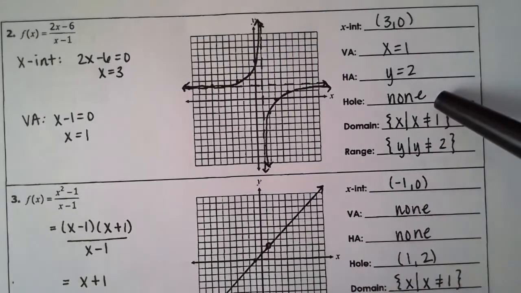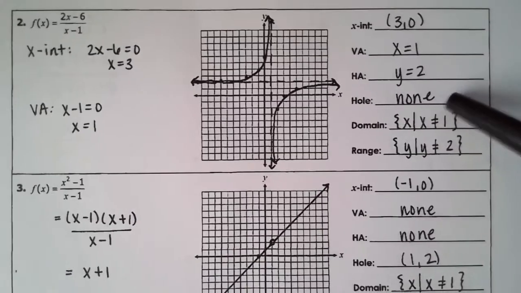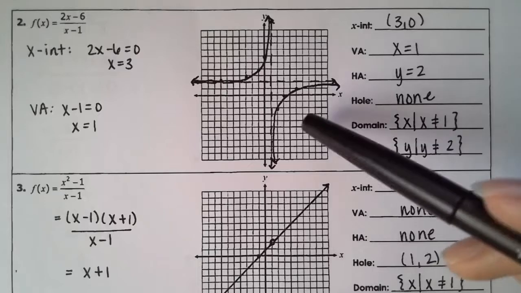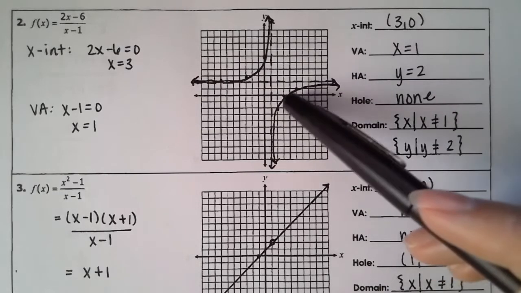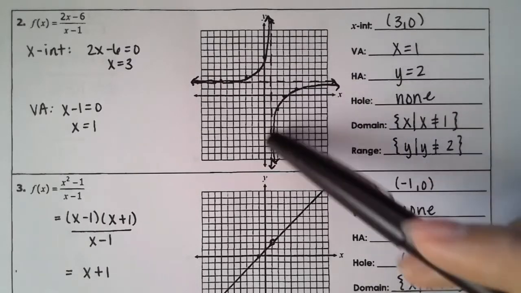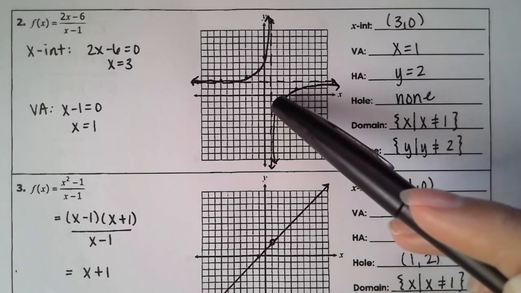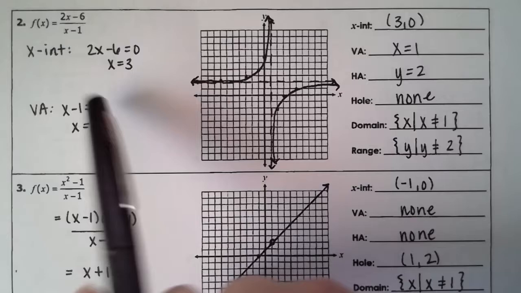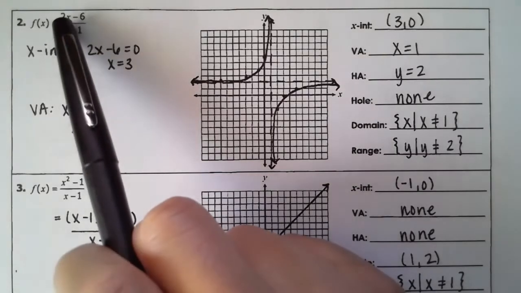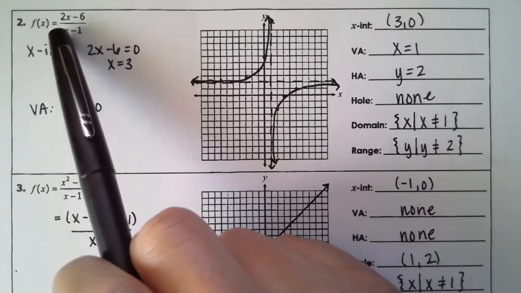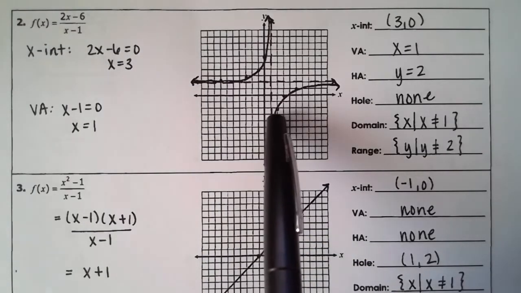So from here now I start to describe the graph, right? I'm going to start plugging in. On this side of the asymptotes, let's take some x values. I believe I take 2. When I plug in 2, I'm getting 4 minus 6, negative 2, over negative 1, so I'm getting 2. So I end up here.